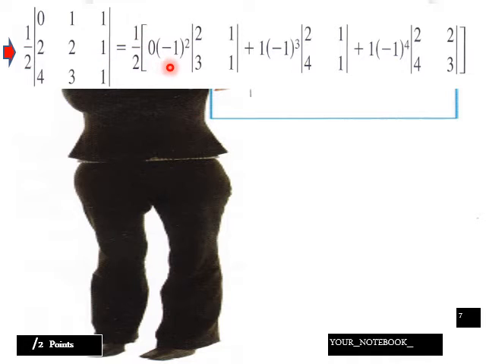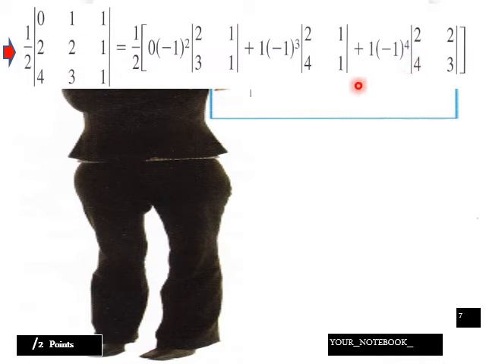We have 1/2 times 0 times -1 squared. We have 2, 1, 3, 1, and then plus 1 times a -1 to the cubed would be 2, 1, 4, 1. So that would be 1 out here.